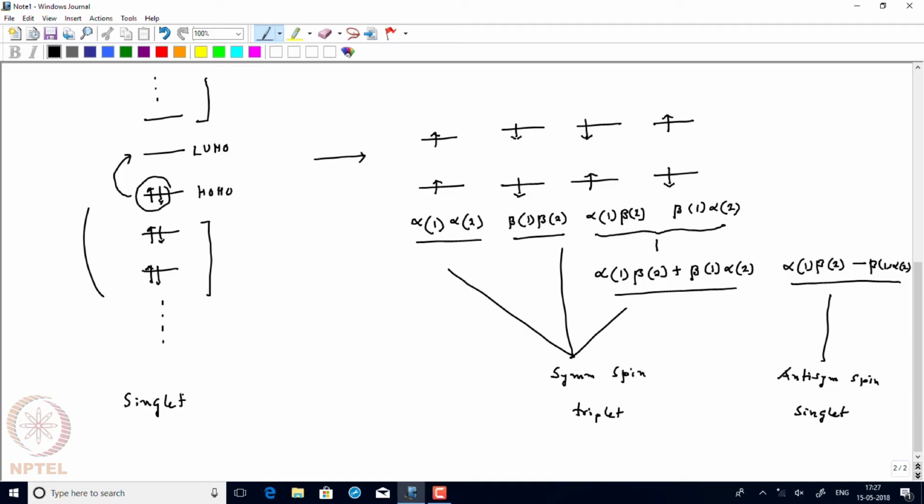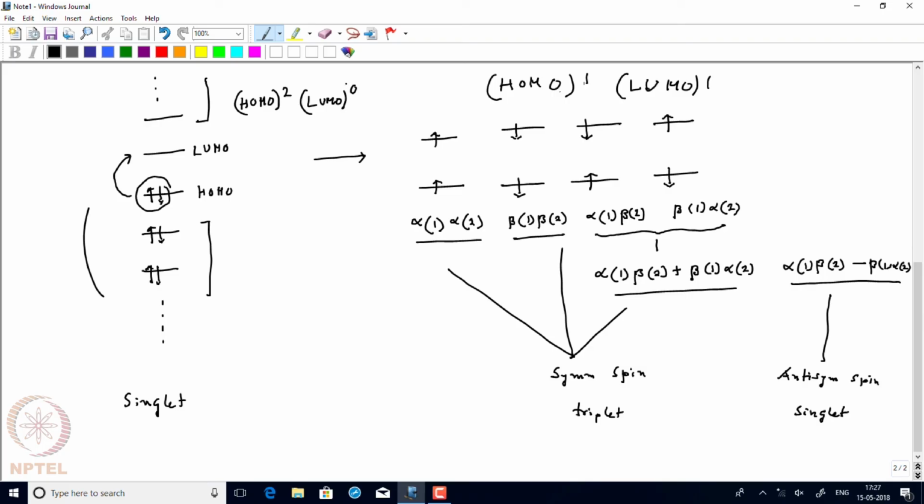So we call these kinds of configurations together HOMO minus LUMO. Basically HOMO has 1 electron, and in the same way as we do for atomic orbitals, it is nothing but HOMO 1 and LUMO 1, and here it is nothing but HOMO 2 and LUMO 0.